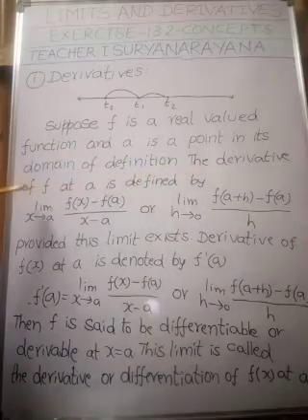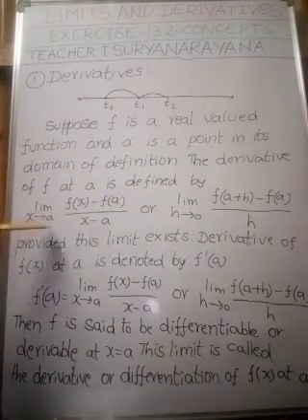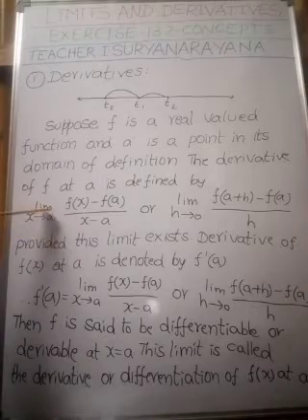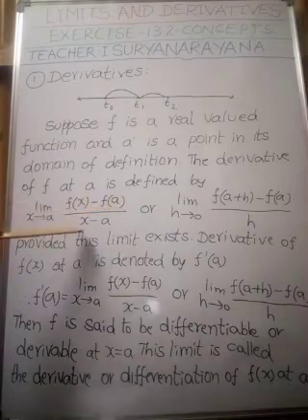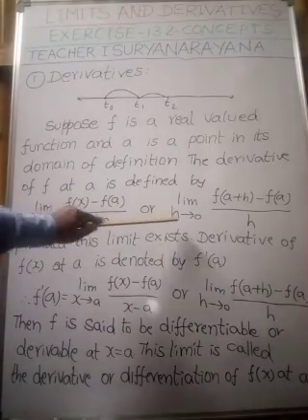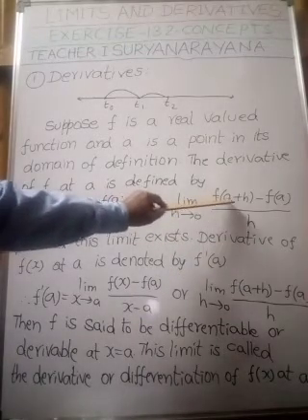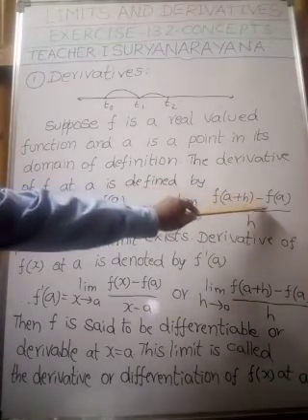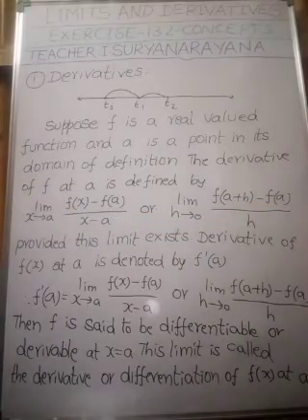The derivative of f at a is defined by, as x tends to a, limit of f of x minus f of a, the whole divided by x minus a, or as h tends to 0, limit of f of a plus h minus f of a, the whole divided by h.